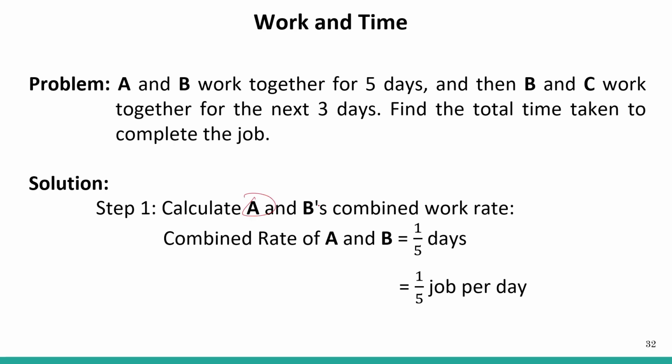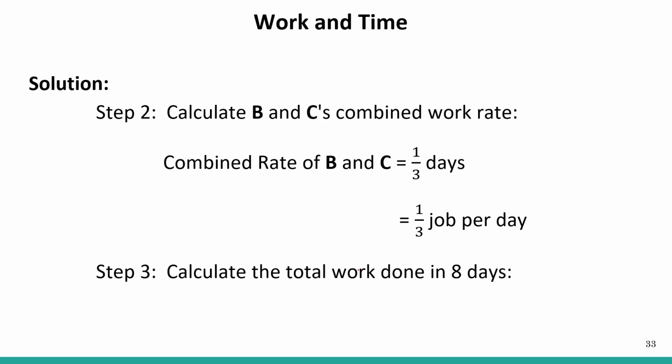Calculate the combined work rate of A and B, which is 1/5 per day, equal to 0.2. Calculate the combined work rate of B and C, which is 1/3 per day.